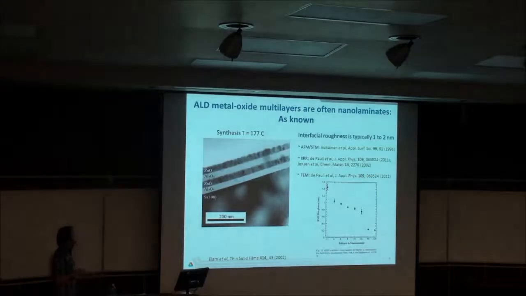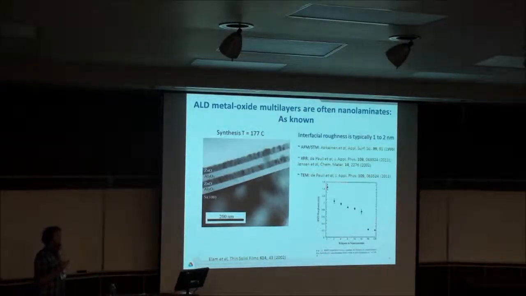Also, what is known is that ALD is very good, and several talks showed this today, in metal oxide deposition. Even from the 90s, it's known that by growing metal oxide by ALD, you can get nicely defined so-called nanolaminates. It means you have very sharp interfaces.